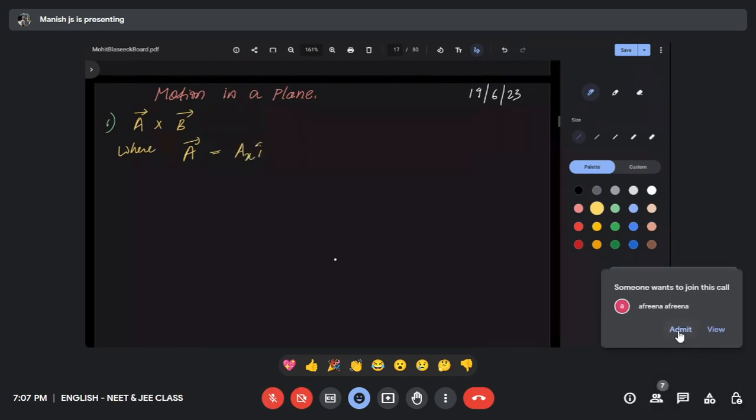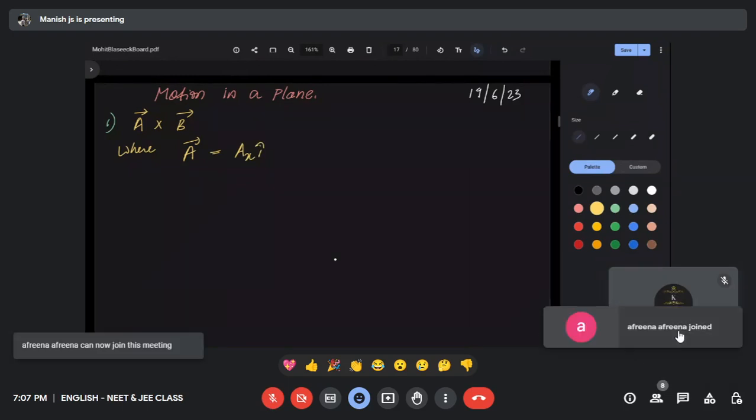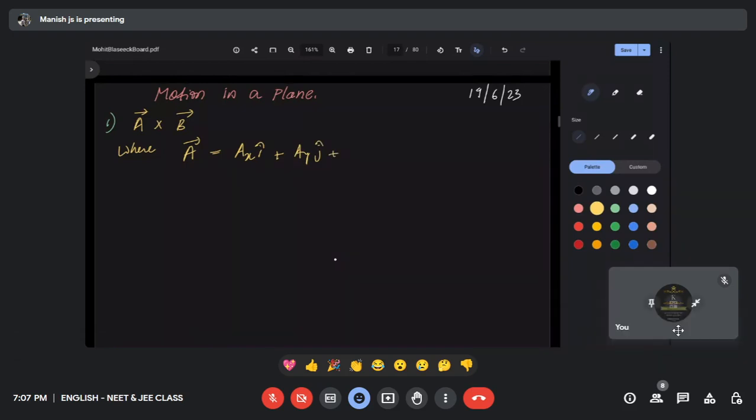A can be written as AX I cap, where I is nothing but the unit normal vector along X direction, plus AY J cap, again the unit normal vector along Y direction, and so on. In a 3-dimensional system, I would express another component as well, so I'm going to write that as AZ K cap. So I express it like this.